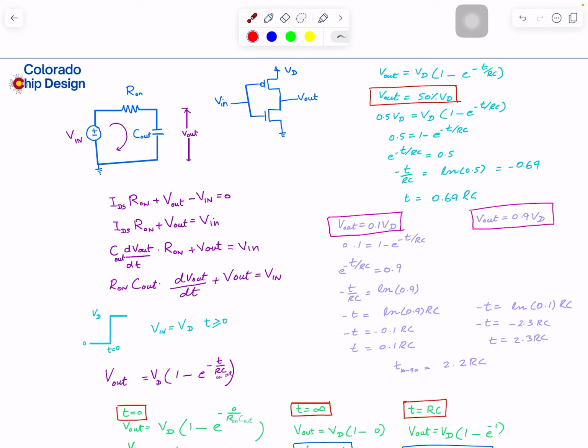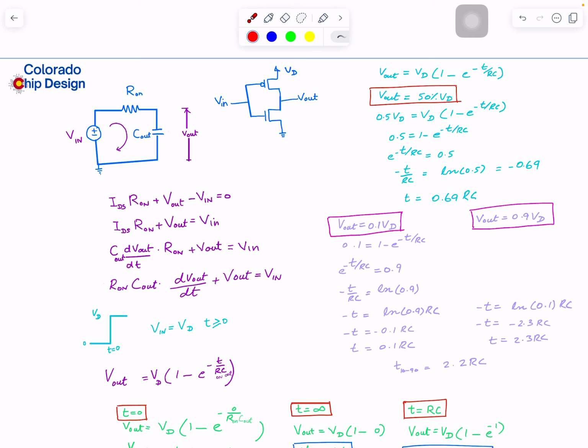If you solve the equation for output voltage, it comes out like this: V out equals V_DD, which is the maximum voltage level the output can have, the supply voltage, times (1 minus e to the power minus t over RC).